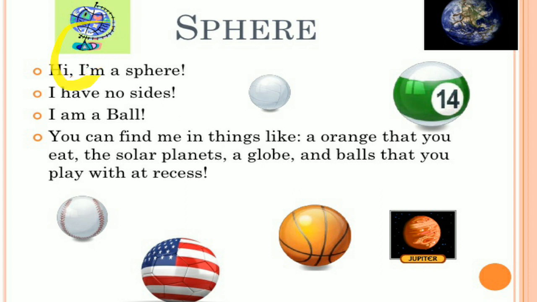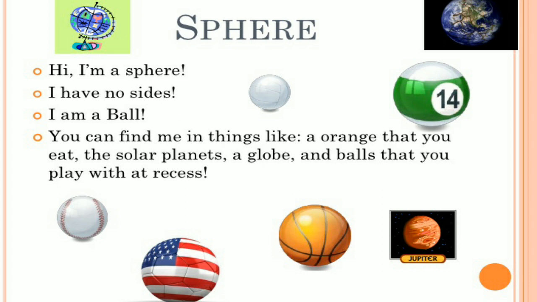A globe is also a sphere shape. Planets are also a sphere shape. So students, sphere shapes are round 3D shapes, and they have no sides. You all understand about the sphere shape.